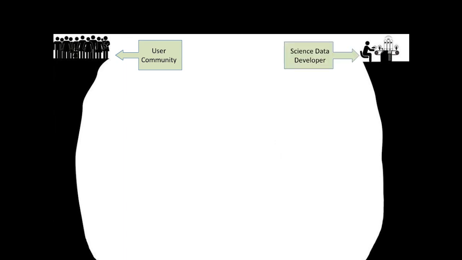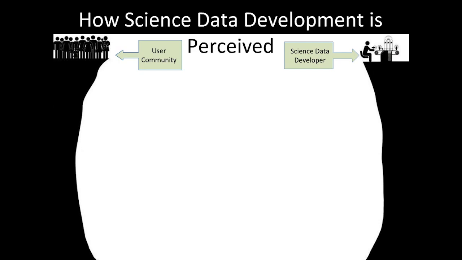However, the question from the science data developer and the need from the user community isn't normally bridged. And so what we try to do with applications is really bridge that gap. And how SMAP does this is with the applications program, through feedback mechanisms in the user community, through engagement strategies, and through the early adopter program, where we seek to make data easier to find, more familiar, and easier to use.